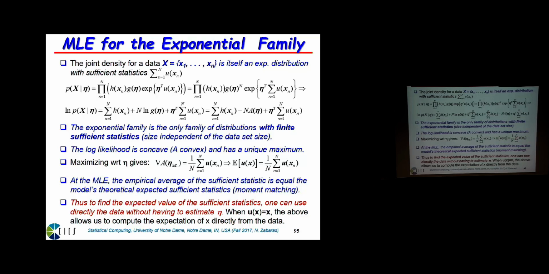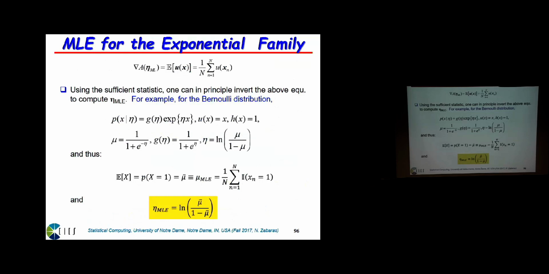And I believe, I don't know if it's on the next slide or not, I have 1 minute, so this is a demonstration of this for the Bernoulli distribution. In the Bernoulli distribution, if you want to calculate the expectation of x, the MLE estimate is the same as the sample mean of these indicator functions.